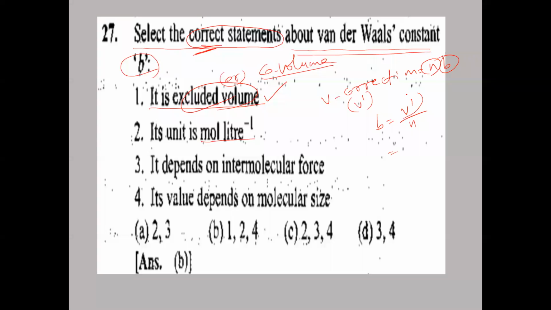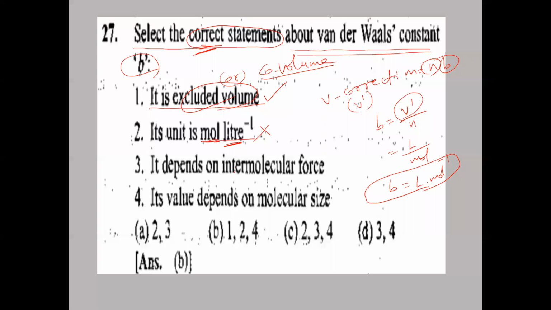Volume correction means liters, and n means moles. Actually, what is the unit here? Liter mole inverse is the unit of B. For B, units will be liter per mole. But here what is given? Mole per liter is given.